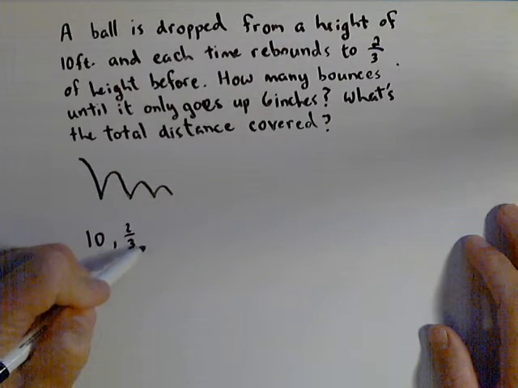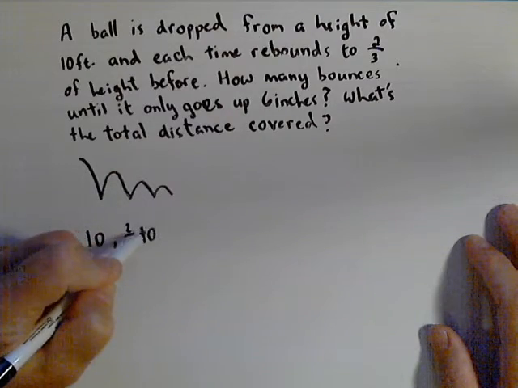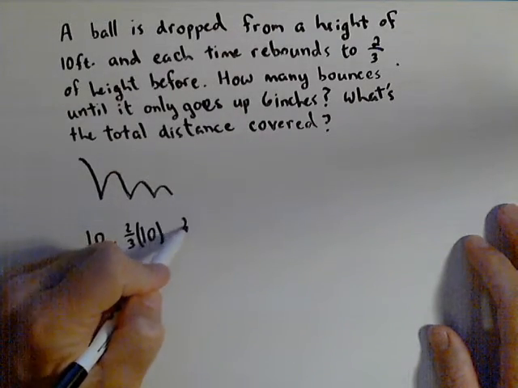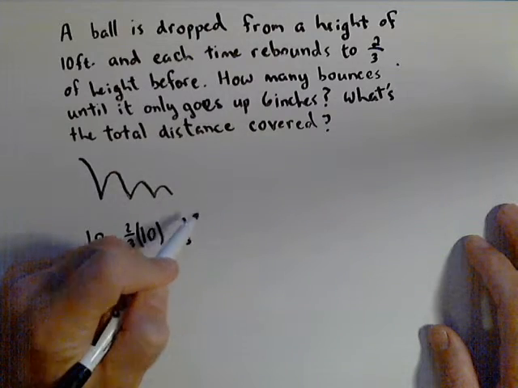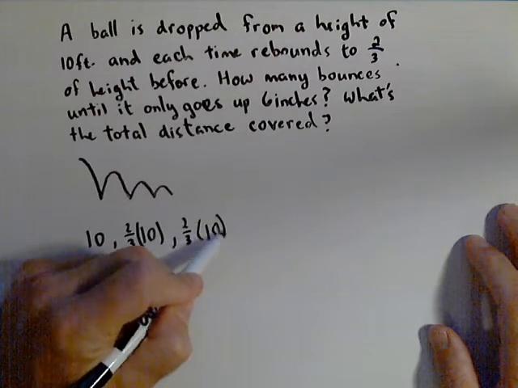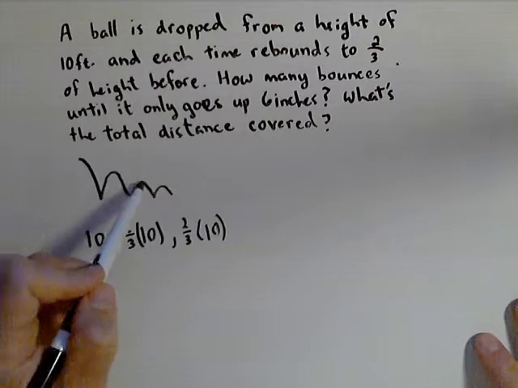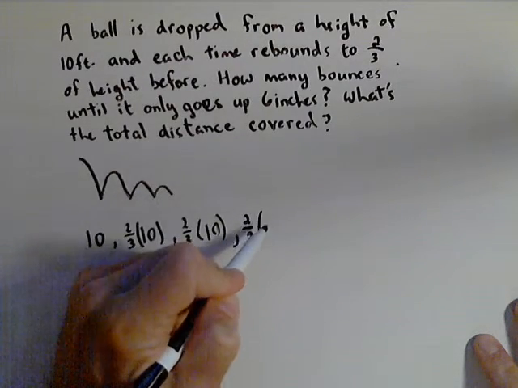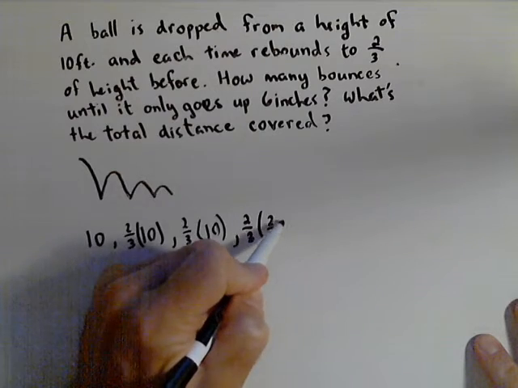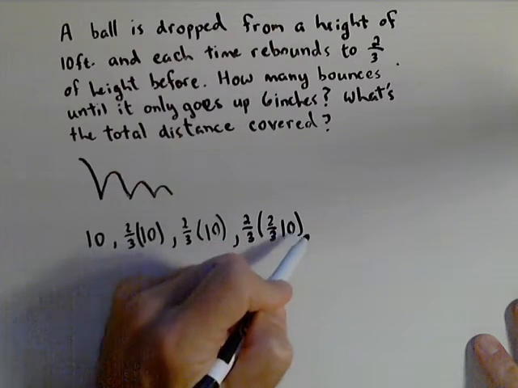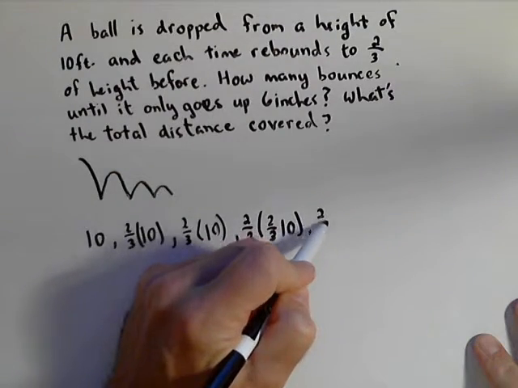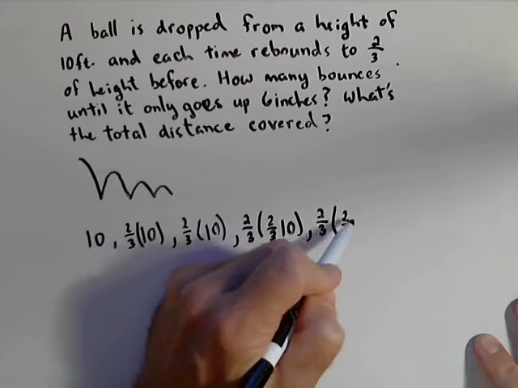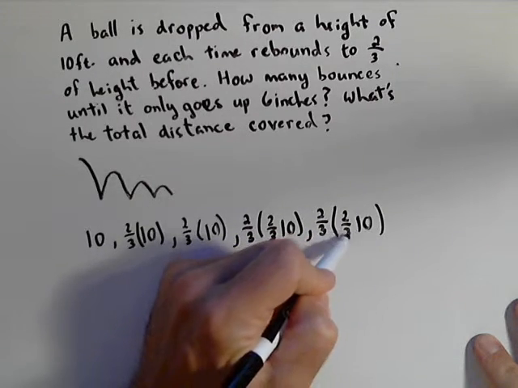Then it comes back down, 2/3 of 10 feet again. Then it goes back up and it does 2/3 of the 2/3 of 10 feet, and then down it does the 2/3 of the 2/3 of 10 feet again.